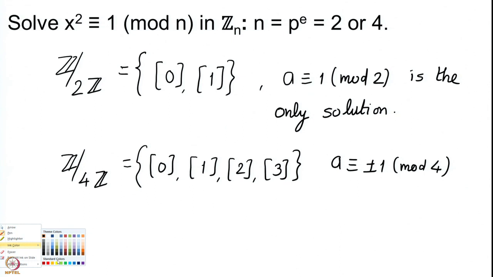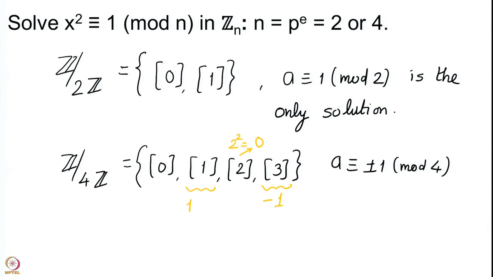That is simply 1, the class of 1. This is 1 mod 4 and this is minus 1 mod 4. These two are always the solutions, and so they are solutions here also. If you take the square of 2, you get 0. 2 square is 0 and of course 0 square is 0. So, it tells you that in Z mod 4Z now there are two solutions.